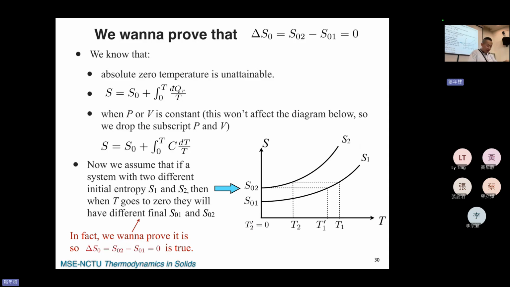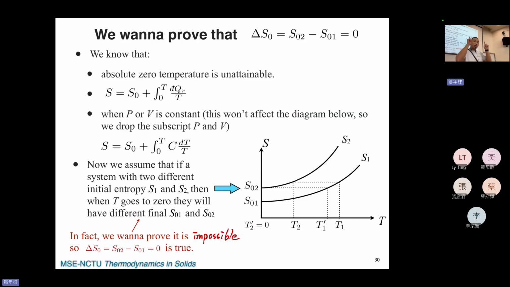We want to prove that S naught 1 and S naught 2 being not equal is impossible, which means S naught 1 and S naught 2 need to be equal.